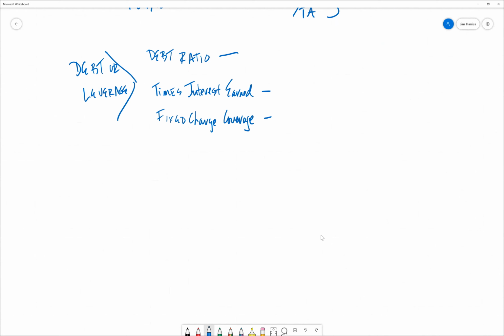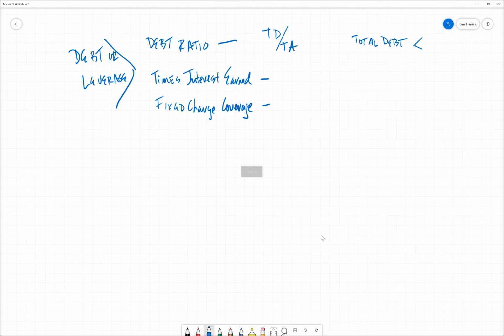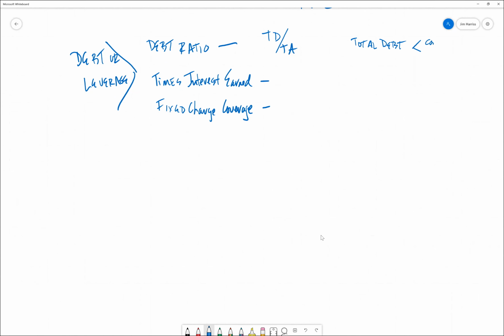So the debt ratio is total debt divided by total assets. Now, total debt, folks, is everything on the right side of the balance sheet except for your owner's equity accounts. That even includes preferred stock. So the only two things that would not be included in total debt would be common stock and retained earnings.